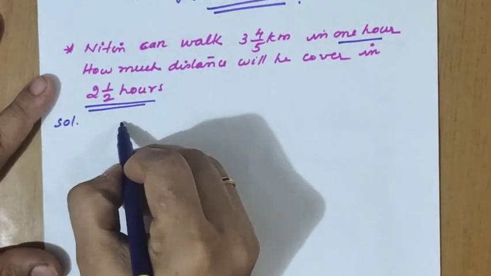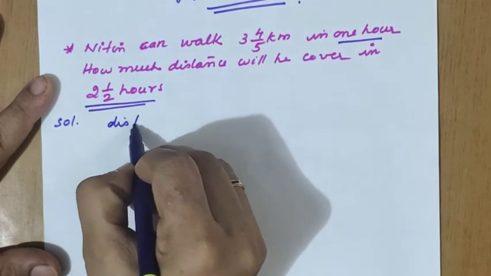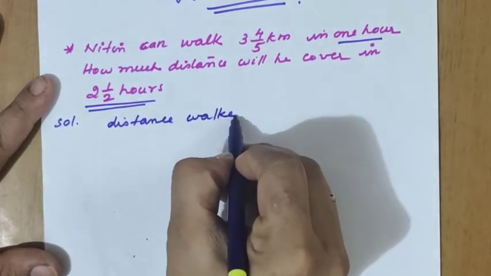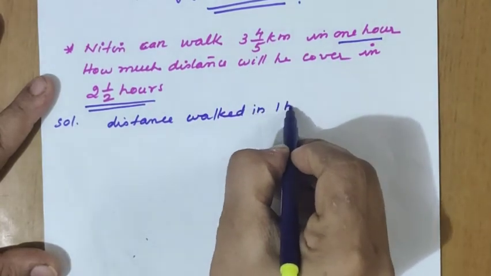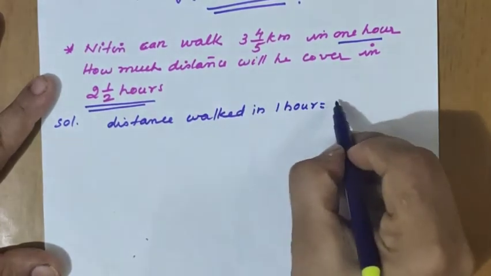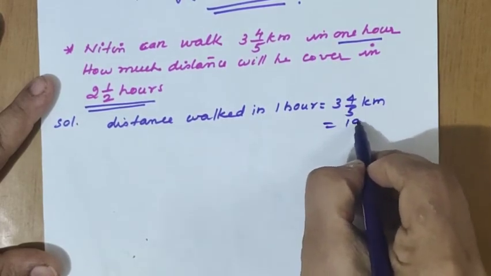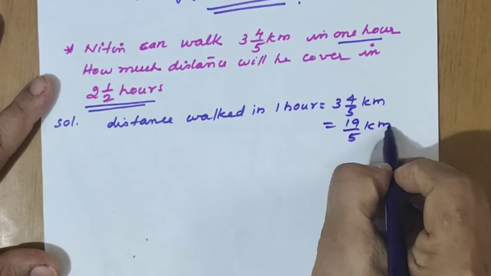So solution, the distance walked in 1 hour equal to 3 integer 4 by 5 kilometer. That means it is 19 by 5 kilometer, right?